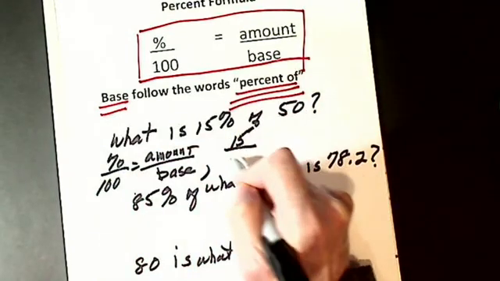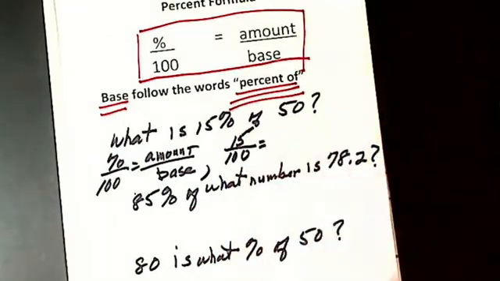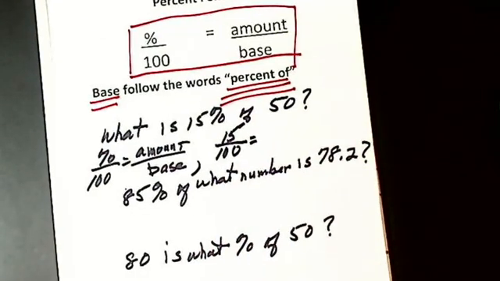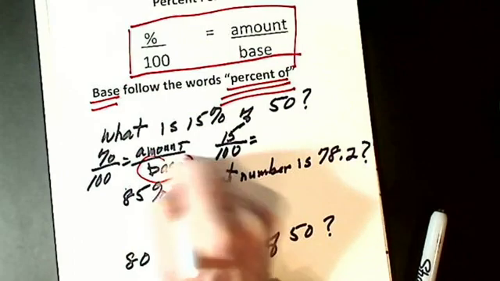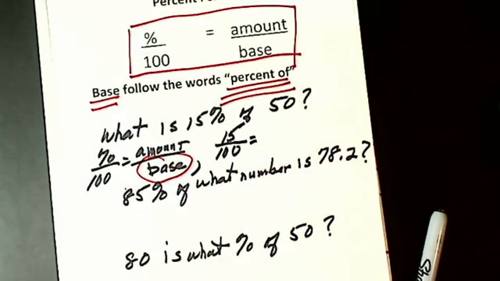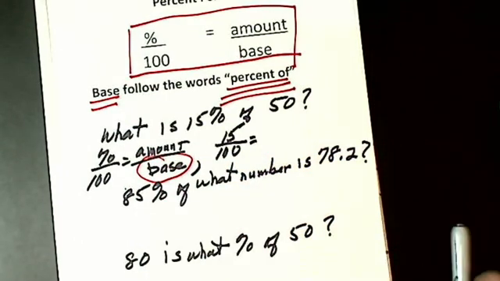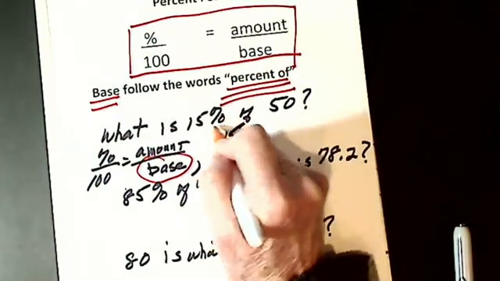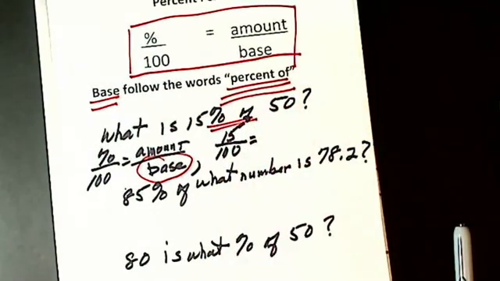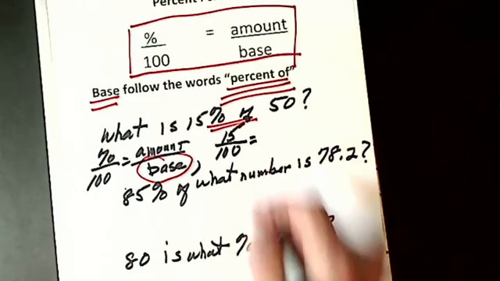I have 15 over 100 equals amount over base. I look for the base next. Either I have it or I don't. Right after percent of, I have 50. So 50 is my base.